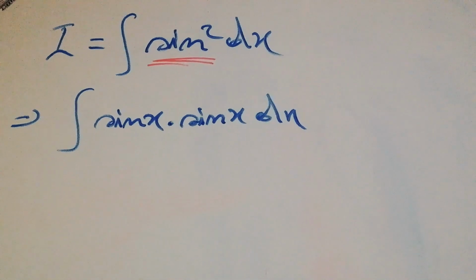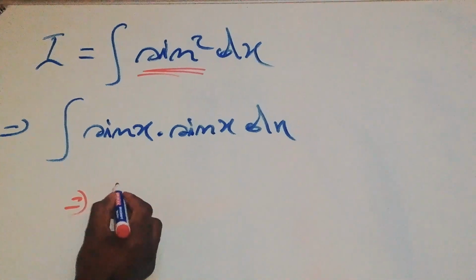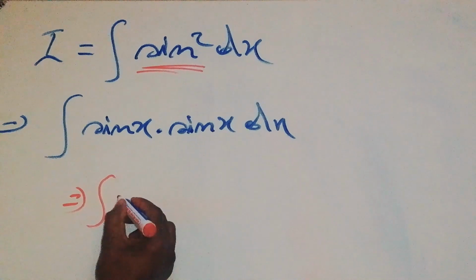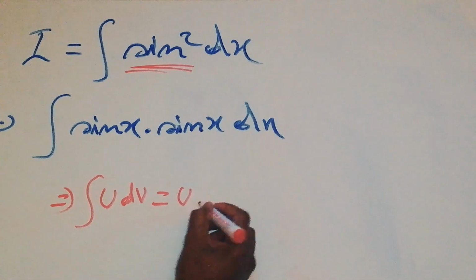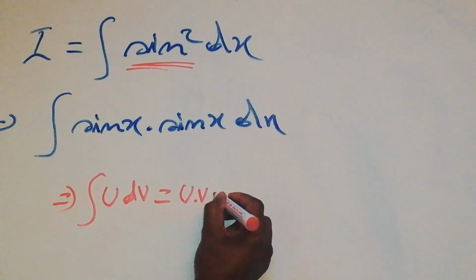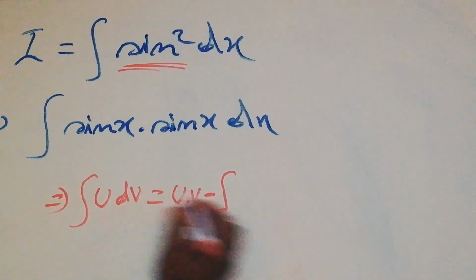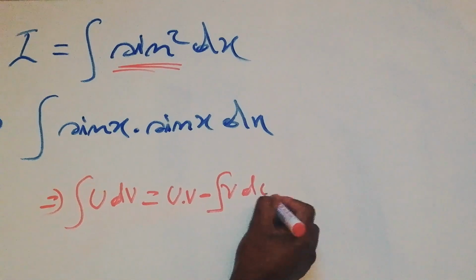We all know this property of integrals, which says the integral of u dv is equal to uv minus the integral of v du.